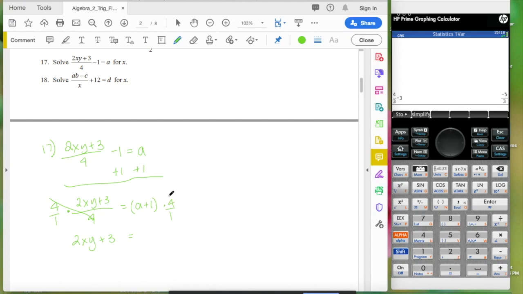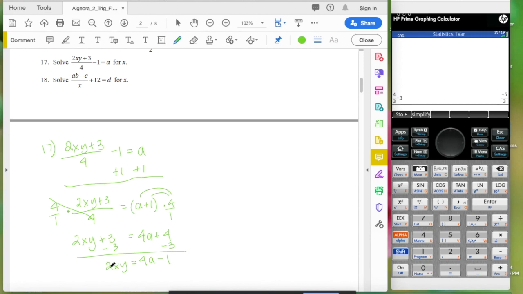So you want to make sure that when you're multiplying 4 on this side, you're also distributing it. So we got 4a plus 4. We're going to move the 3 to the other side. And we're going to have 2xy equals 4a minus 1.